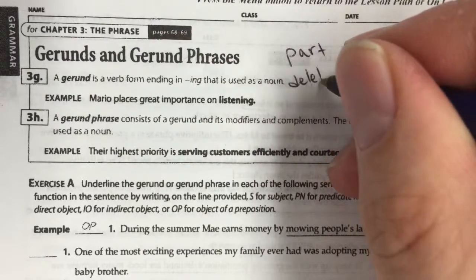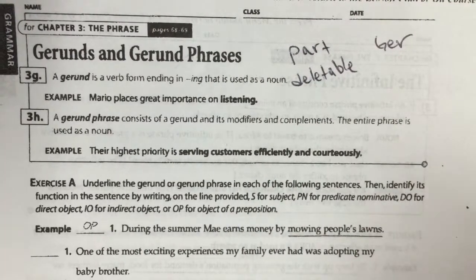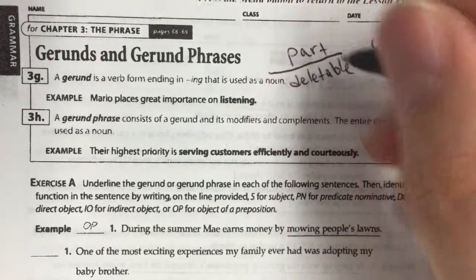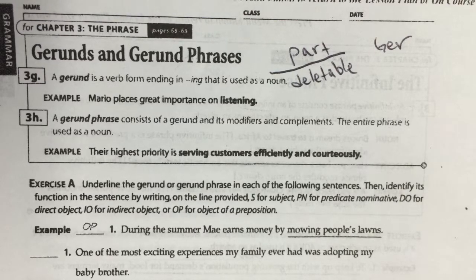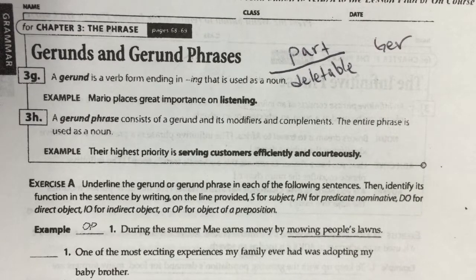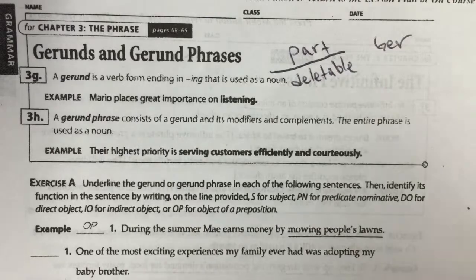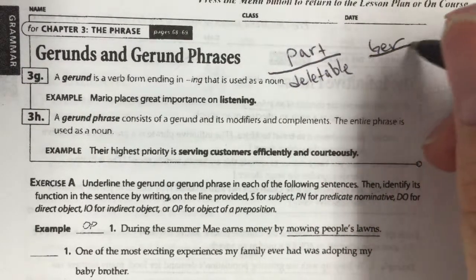When I say deletable, I mean that you can delete it, the sentence will work without it, because they're used as adjectives, and adjectives tend not to carry that much essential information. Of course there are exceptions to this rule, but if you look at an -ing situation and you want to tell between gerund and participle, just ask yourself if it's deletable. If it's deletable, it's probably a participle.